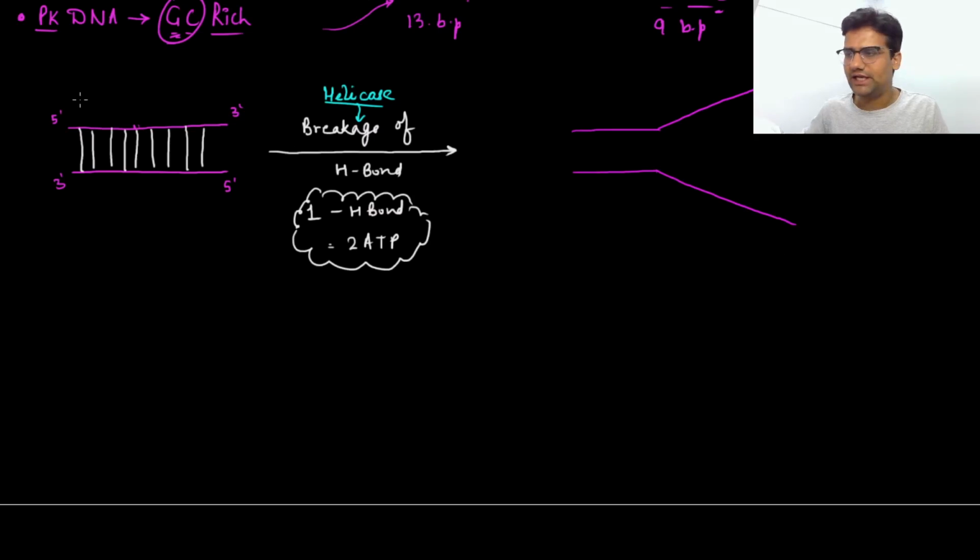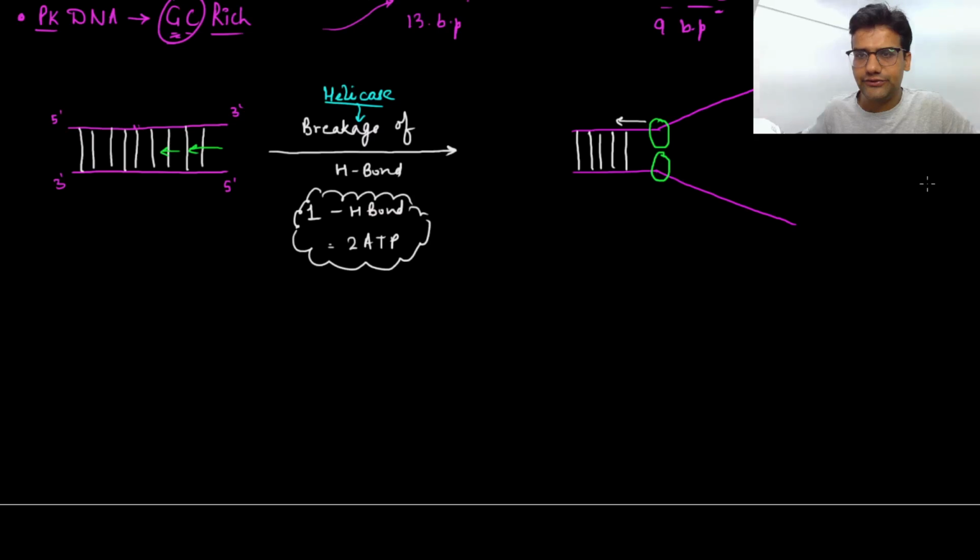So this is our helicase here. And this helicase has broken down the hydrogen bonds between these two strands. So the helicase is moving in this direction, and it is basically breaking hydrogen bonds at a much faster rate.